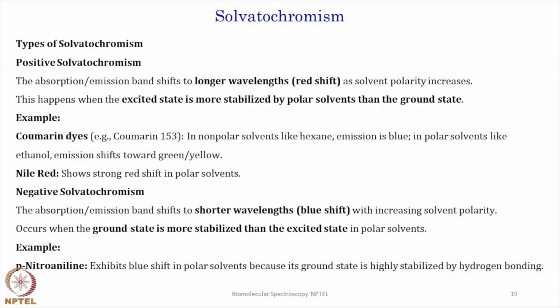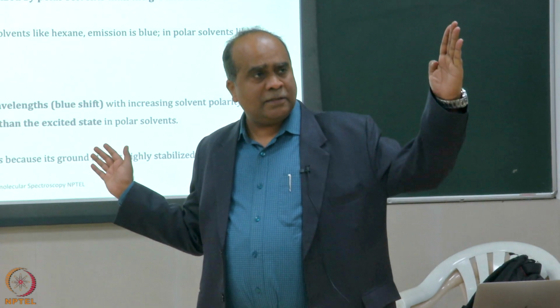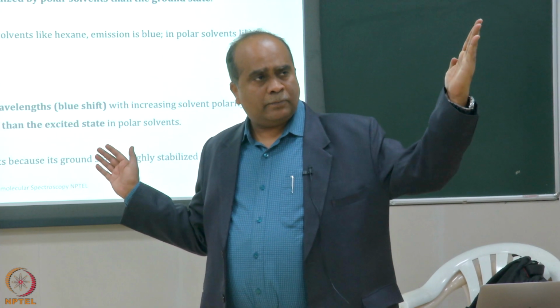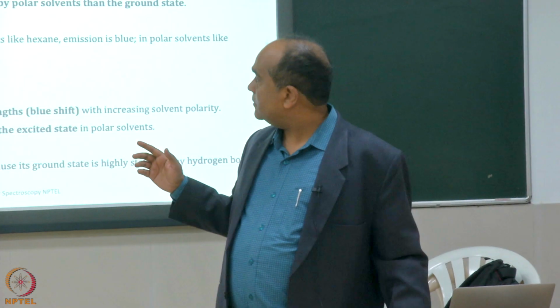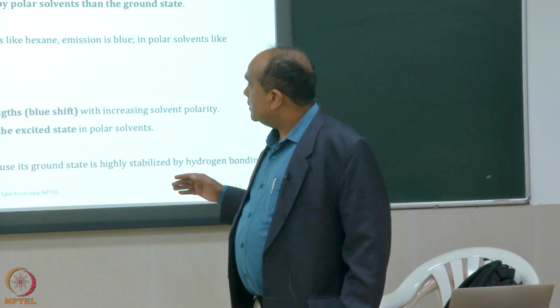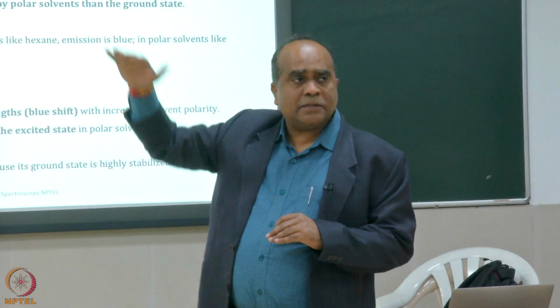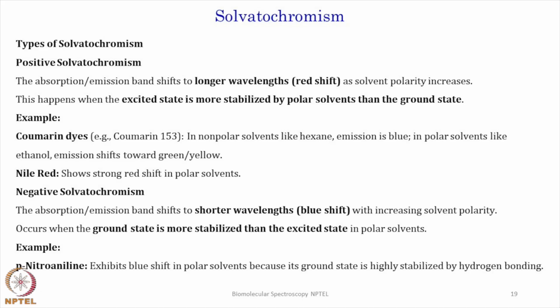Absorption or emission band shifting to a longer wavelength means red shift as the solvent polarity is increasing. We had seen for prodan, from a non-polar solvent to a polar solvent, there is a red shift. So, what happens? The excited state is more stabilized by the polar solvent than the ground state.